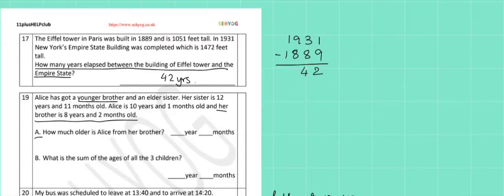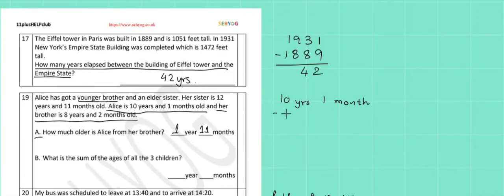So we will have to subtract 8 years and 2 months from 10 years and 1 month to find out how much older is Alice. So from 8 years 2 months to 9 years 2 months is 1 year, and from there it is 11 months to get 10 years 1 month.